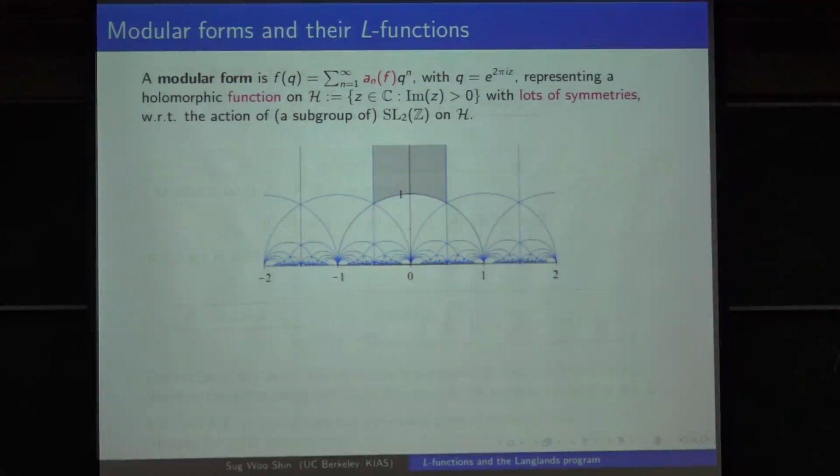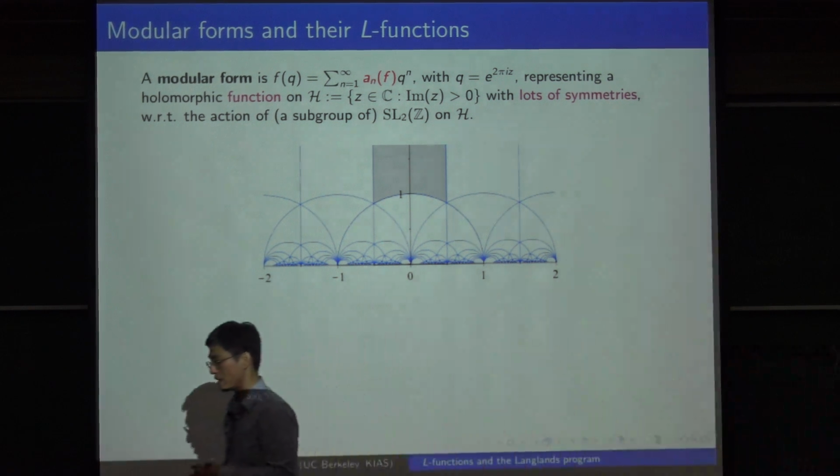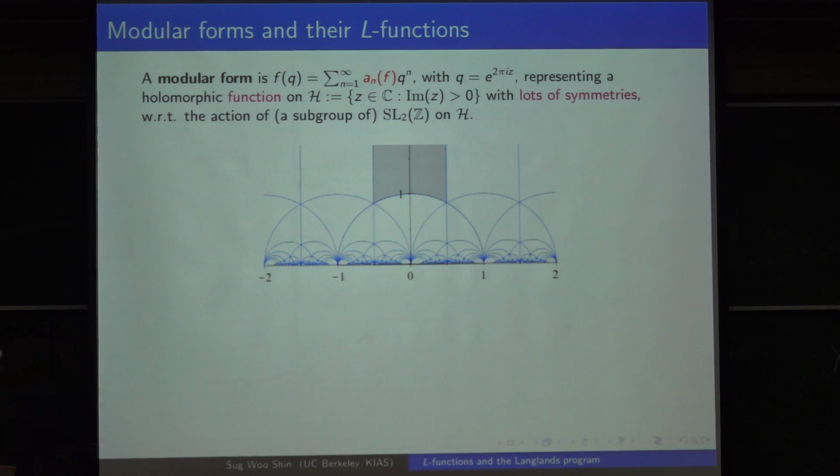Now let's look at other kinds. Elliptic curves belong to algebraic geometry. Modular forms are more like harmonic analysis, more complex analysis a priori, because it's a holomorphic function.